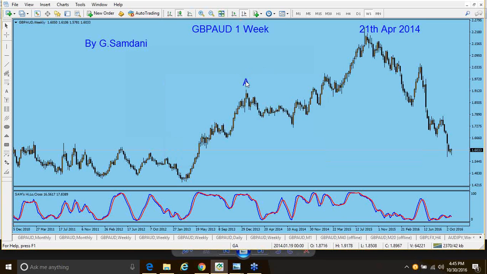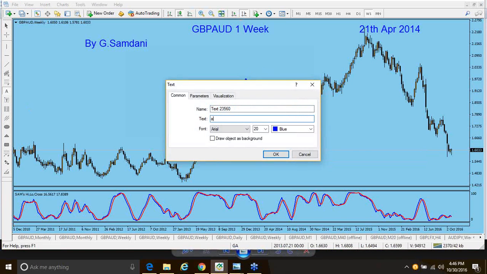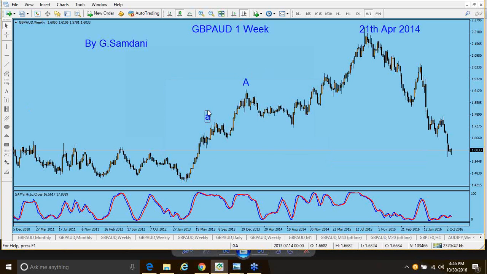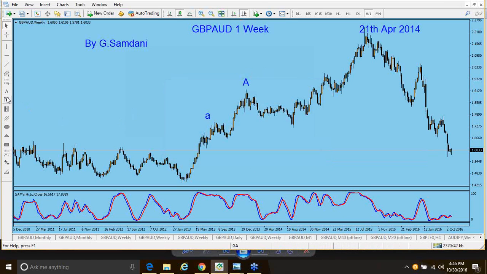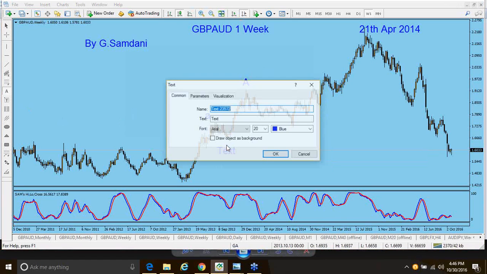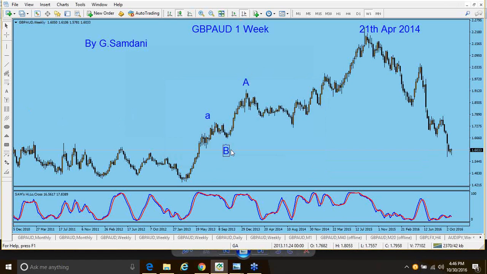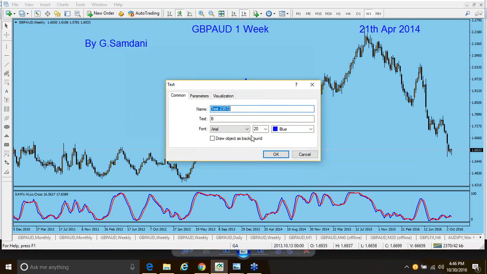A, and you can say this is A. I'm just going fast and random so that I can test myself, how good I am. Whatever I see, I'm just marking.